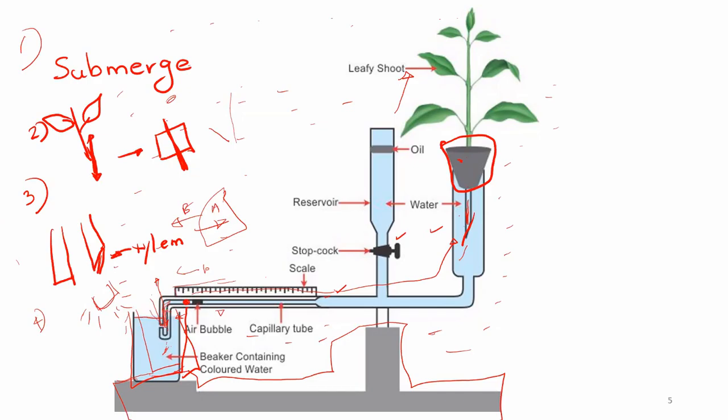Then we uplift this capillary tube and allow one air bubble to enter into this capillary tube. Then the setup will be placed under the sunlight and note the initial point of the air bubble and allow some time for the transpiration. At the time, the air bubble can move toward the shoot direction.